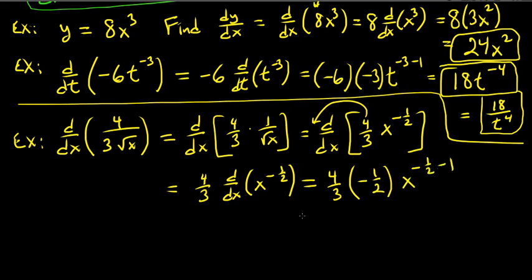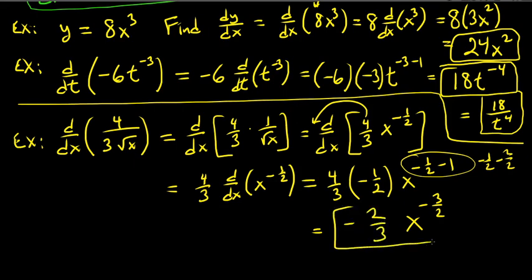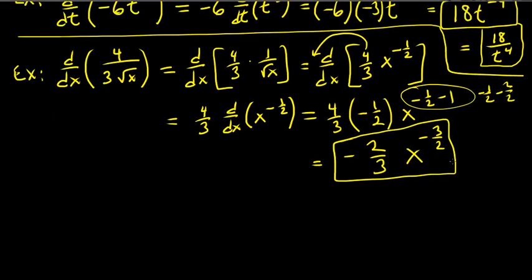So negative 1/2 minus 1. Right, so I hope you can do that in your head. It's negative 3 over 2. Right, get a common denominator. Negative 1 over 2 minus 2 over 2 is negative 3 over 2, right? And then what goes in front? So it's a positive times a negative, which is negative 4 over 6 reduces to 2 over 3. So we get negative 2/3 x to the negative 3/2.